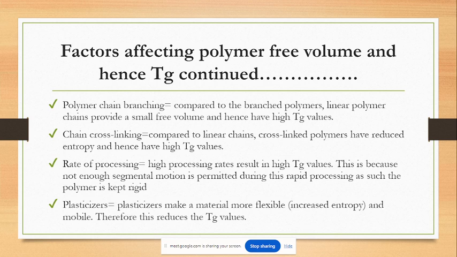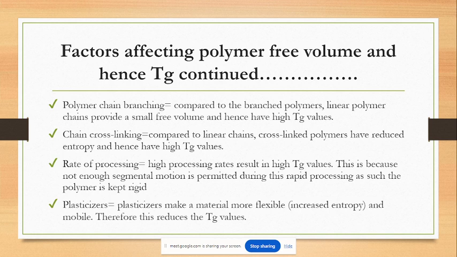The relationship between flexibility and Tg is that something flexible exhibits a lot of motion, which is the same as segmental motion.